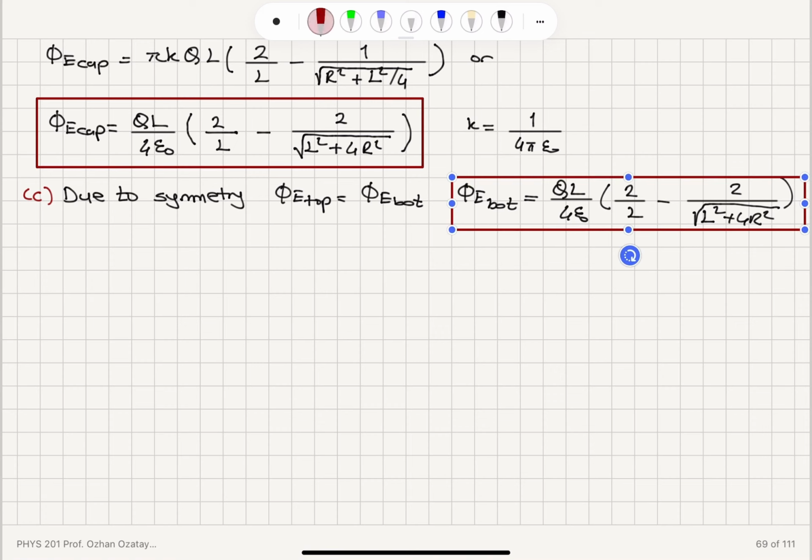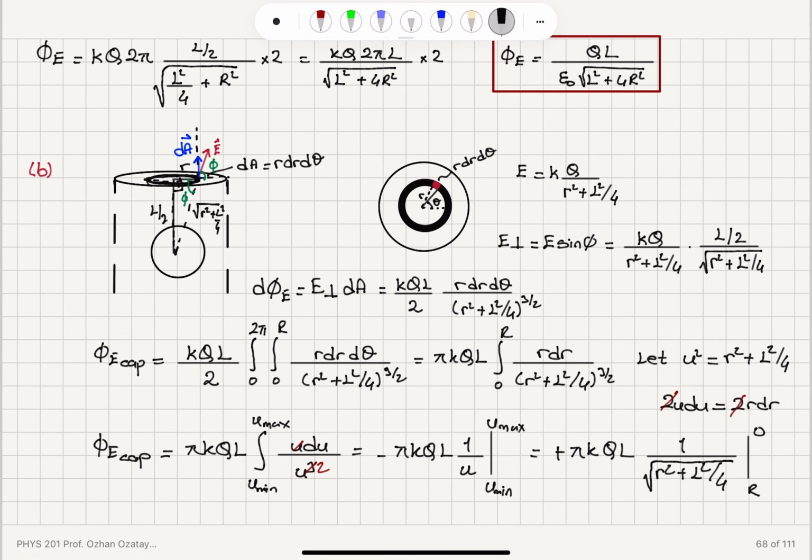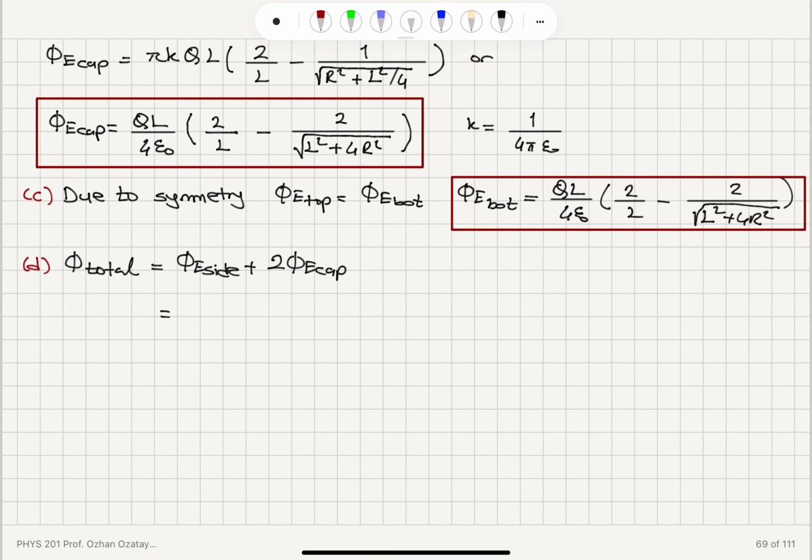In part D, we were asked to find the total flux. The total flux through the cylinder is basically the flux through the side surface plus twice the flux through the top cap or the bottom cap, because they are the same. So let's see what we get here. The flux through the side, that's the answer to part A, is QL over epsilon 0 square root of L squared plus 4 capital R squared.